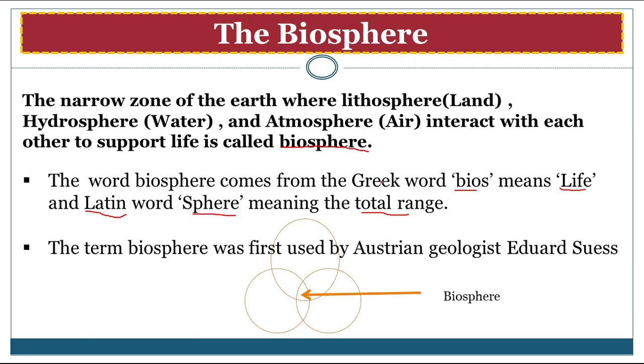So you can understand the biosphere through this diagram. Suppose this is the atmosphere, this is the hydrosphere, and this is the lithosphere, and all these three spheres are joining together here, and this part is called the biosphere, and life is possible only in the biosphere because we require all these things.